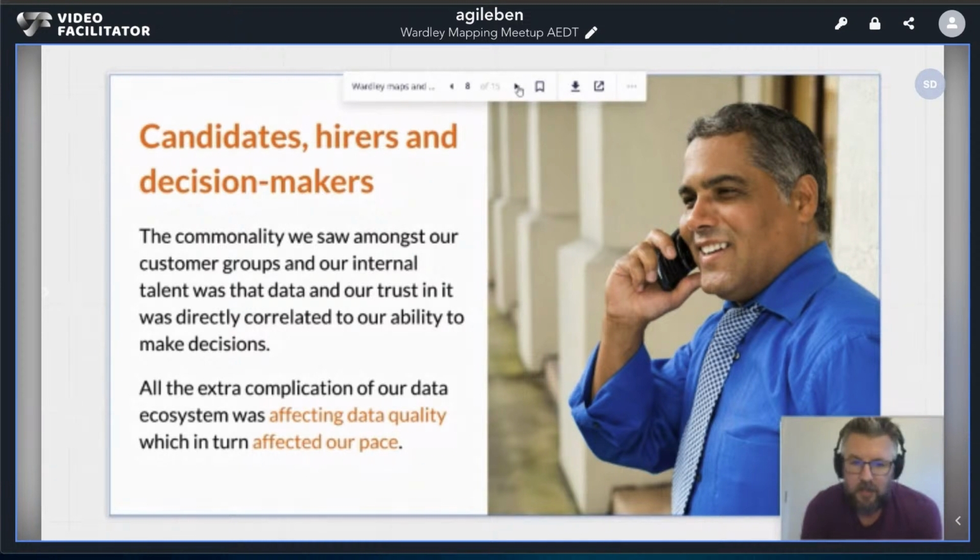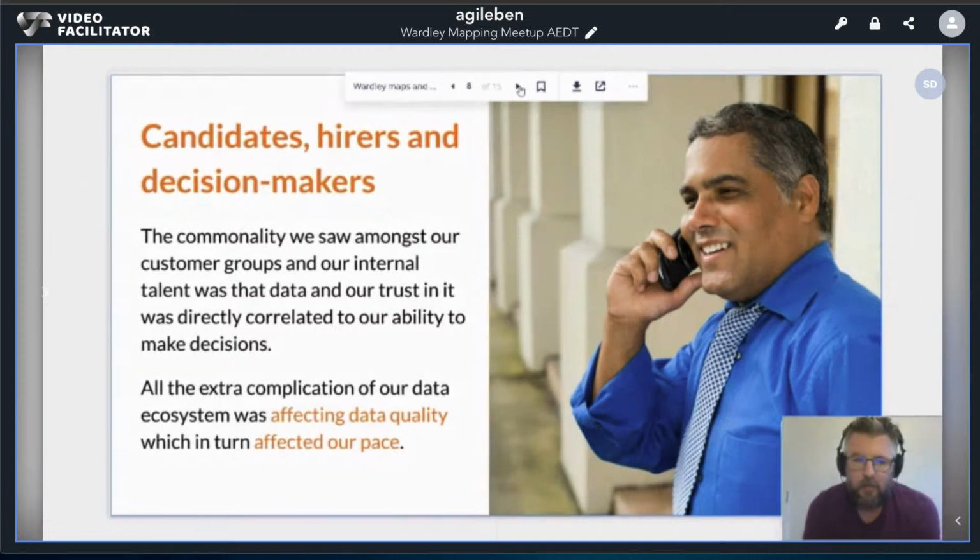It was really in the data quality and how we were leveraging it that our competitive advantage would be.